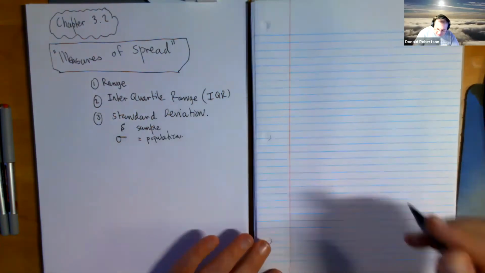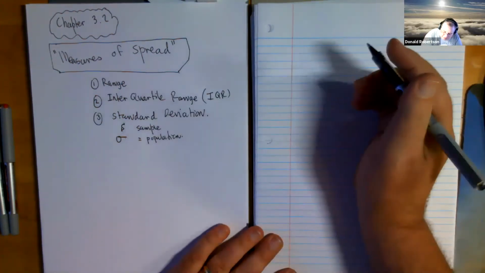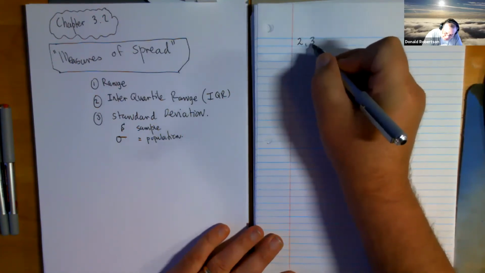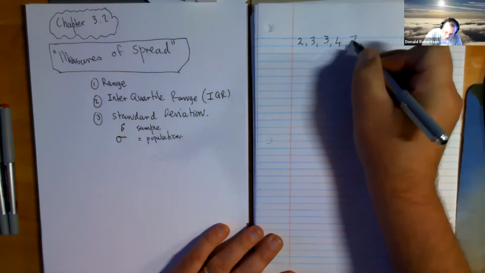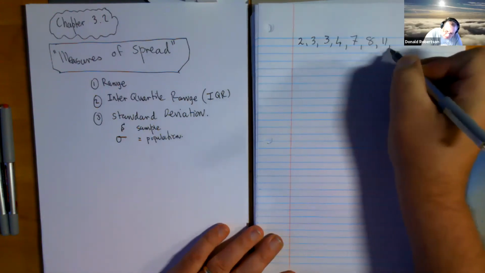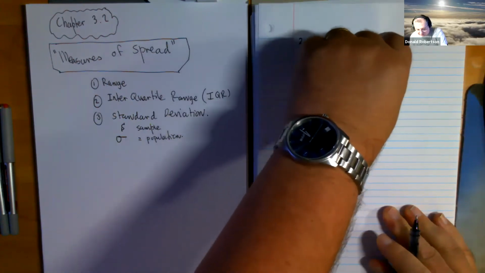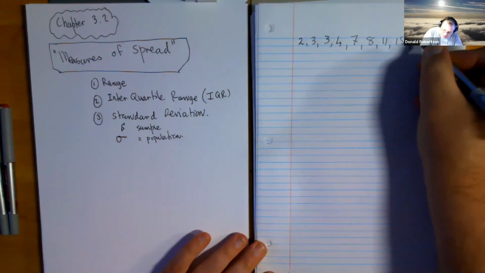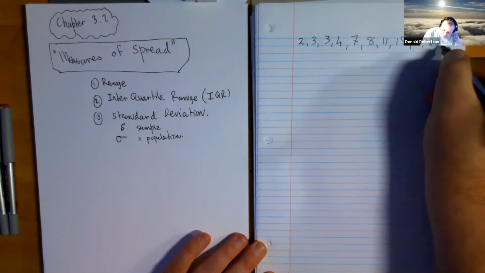So let me start with a data set that we can use to calculate these things. One, two, three, 4, 5, 6, 7, 8, 9, 10, and 11.